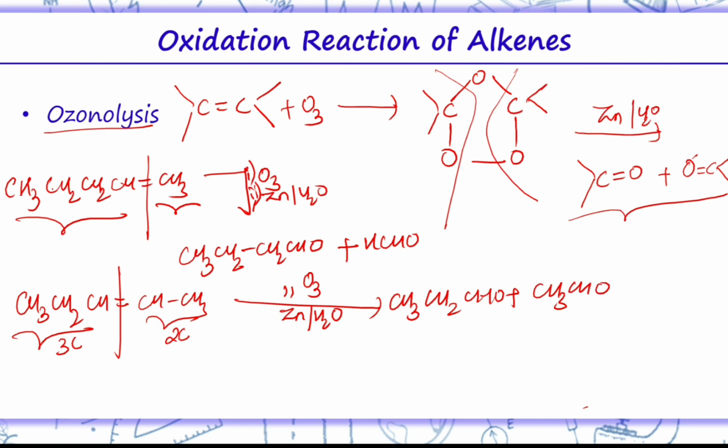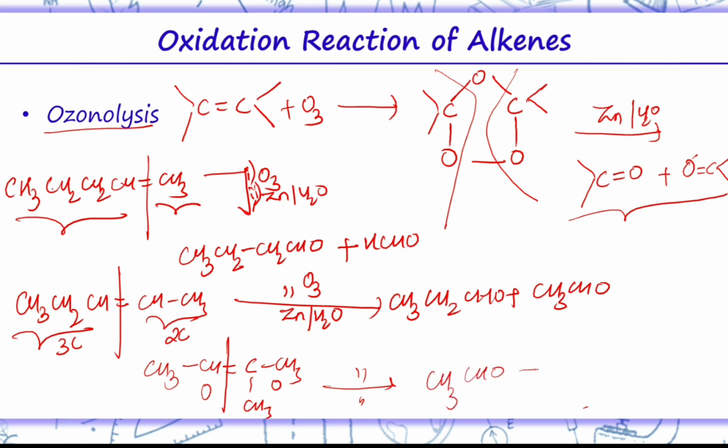These both were the examples of simple alkenes. Now moving on to the branched alkene. Like we have CH3CH=C(CH3)CH3, again the same, this bond will break, O here, so we will get CH3CHO plus CH3COCH3. So this is about ozonolysis.